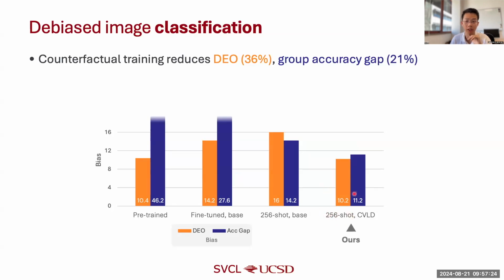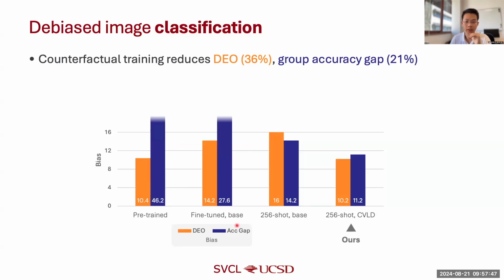So we performed a few-shot adaptation on CelebA with 256 images per class. And we find that first, the naively adapted models, both fine-tuning on the whole dataset and adapting on 256 shots, are more biased than the original zero-shot BLIP as measured by DEO bias. By the way, the lower the bias, the better, in both cases.